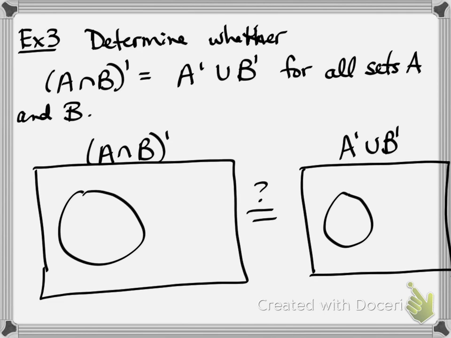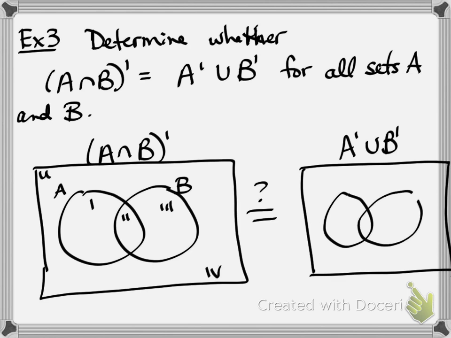So we got A and B, region 1, 2, 3, 4, and the universal set. And A, B, region 1, 2, 3, 4, and the universal set. To think about the left-hand side, I kind of want to focus on what's in the parentheses first.